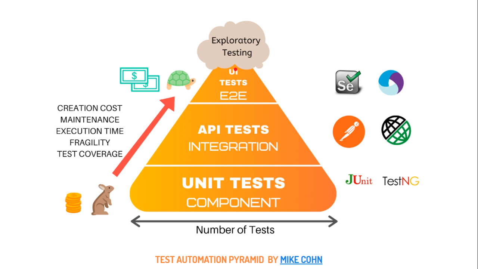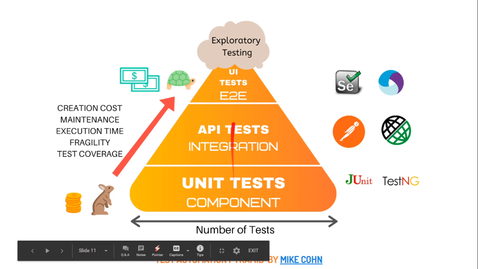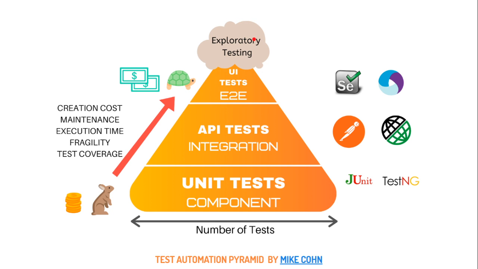No matter how solid automation you have in all three layers, you need to have crafty exploratory testing. You cannot skip exploratory testing no matter how solid you have automation in all three layers. Right? So today we'll also talk about the importance of exploratory testing in some time.